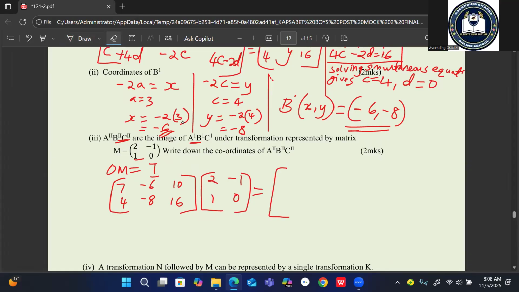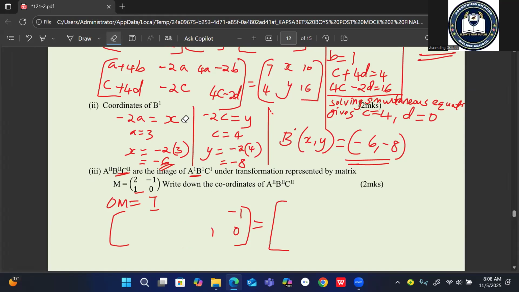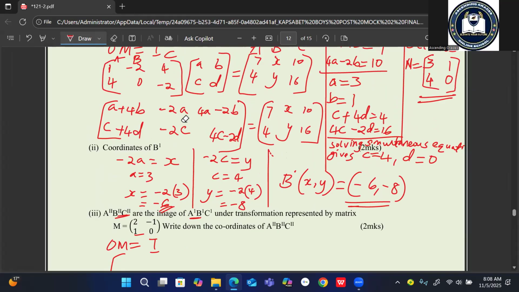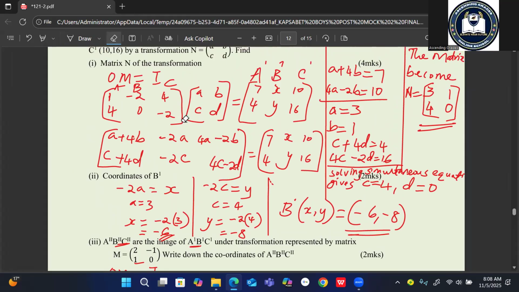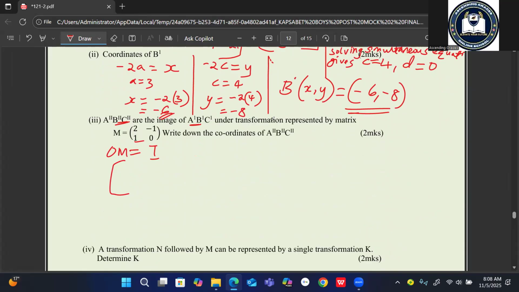Sorry, we should start with the matrix; in order for it to work well, we should start with the matrix then the object.